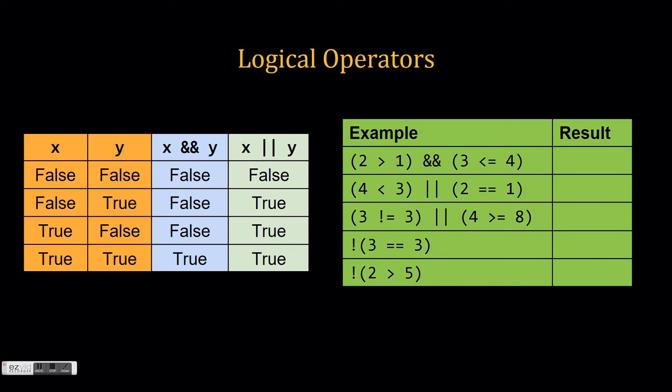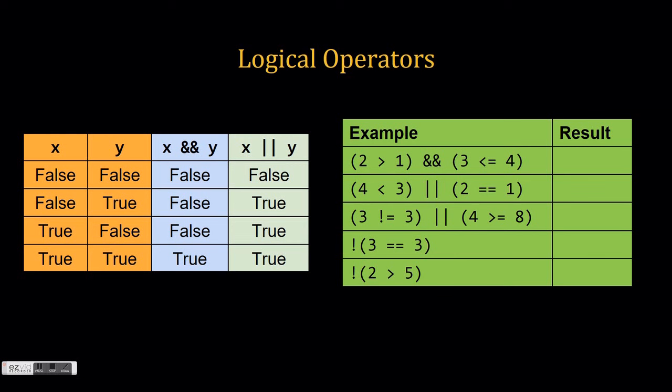If we're to move over to the table on the left hand side, we see that the first expression, the 2 greater than 1, is x. We can call it x. Then we can call the expression on the right, where you ask, is 3 less than or equal to 4, y? So we have x, which is the first expression, is true.